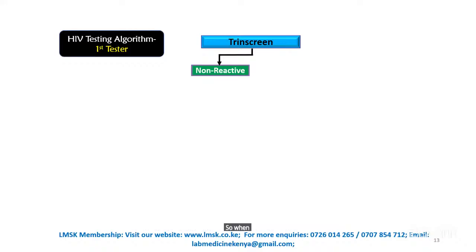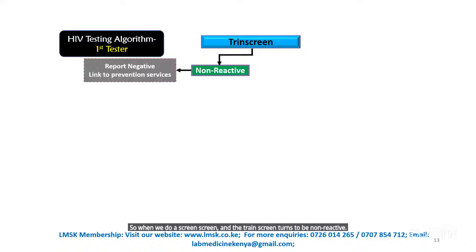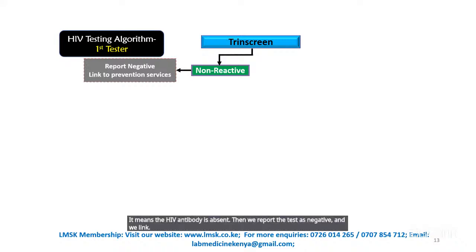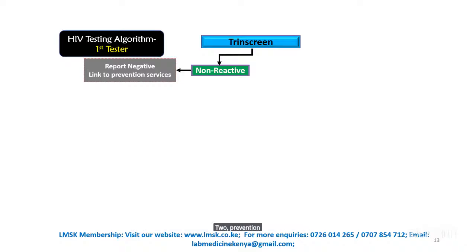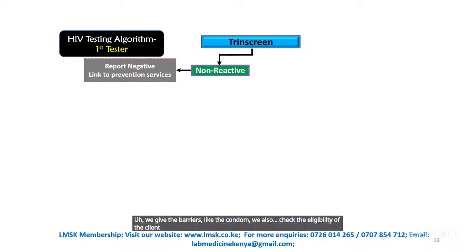When TrinScreen is non-reactive, it means the HIV antibody is absent. Then we report the test as negative and link to prevention services, where we give barriers like the condom. We also check the client's eligibility to accept PrEP.